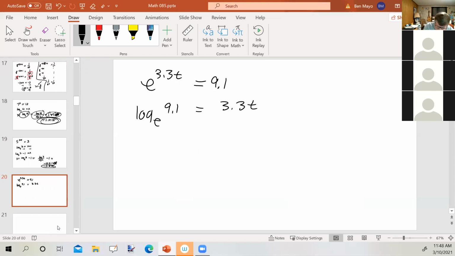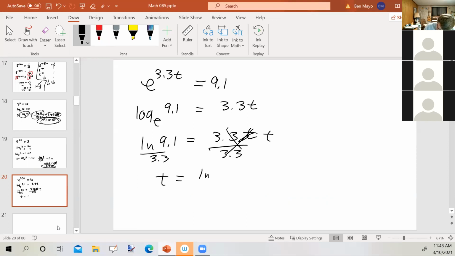But isn't log base e natural log? So I get the natural log of 9.1 equals 3.3t. Dividing both sides by 3.3, I get, oops, I shouldn't have crossed out the t there. I get t equals the natural log of 9.1 over 3.3.